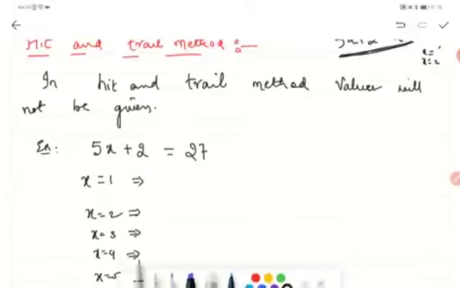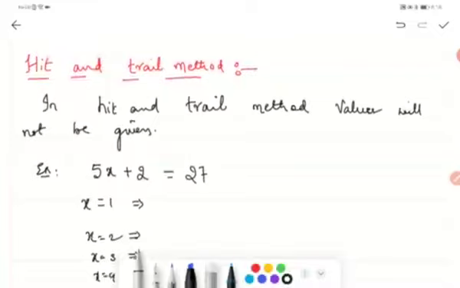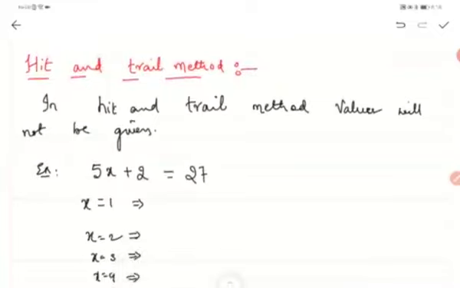So we will try to put some values of x and check for which value of x it is true. Now we have this example equation, 5x plus 2 is equal to 27.